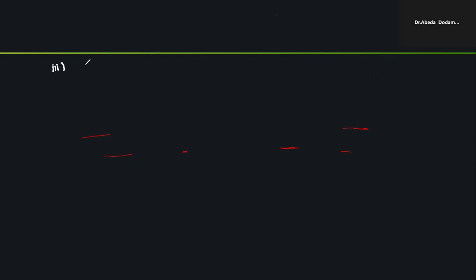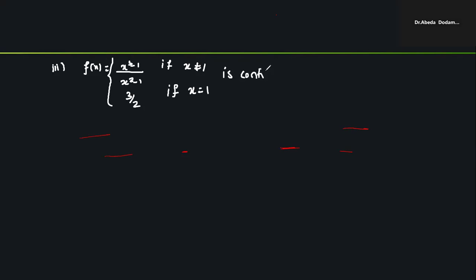Here they have given you f of x equal to (x cube minus 1) upon (x square minus 1) if x is not equal to 1, and it is equal to 3 by 2 if x is equal to 1. And we have to show that it is continuous at x equal to 1. Okay, let us try to see now.